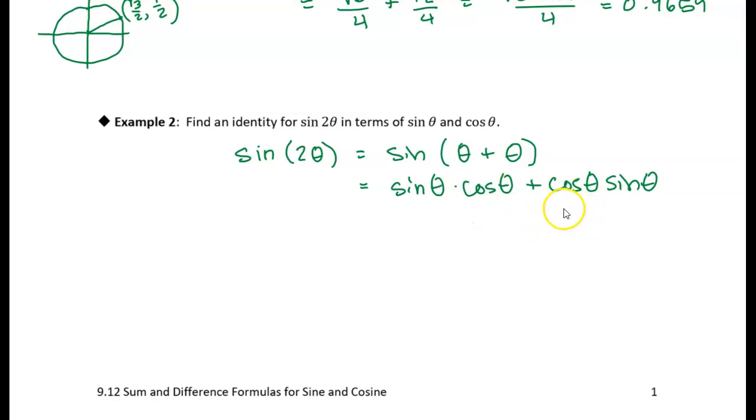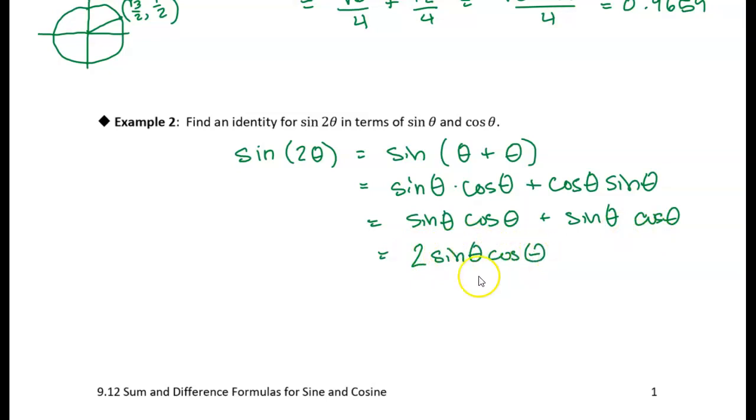So I can rewrite this as the sine of theta cosine of theta plus the sine of theta cosine of theta. Okay, so I got 2 of the same thing. So that's 2 times the sine of theta cosine of theta. And that's my double angle identity. So the sine of 2 theta is equal to 2 times the sine of theta times the cosine of theta.